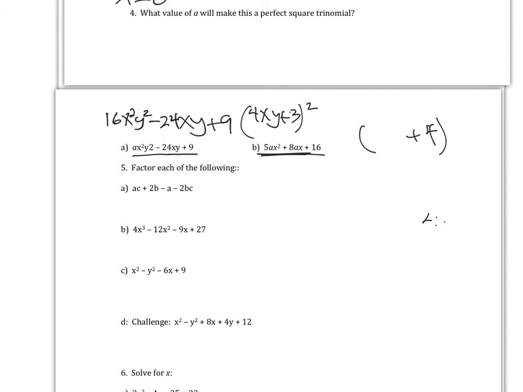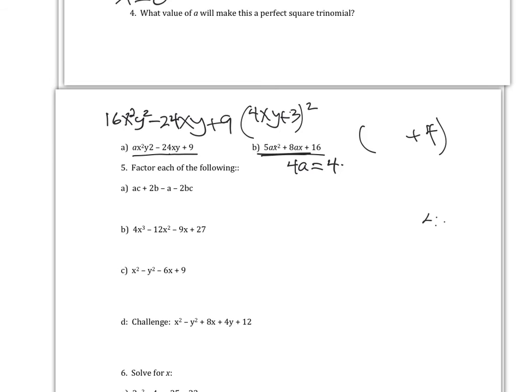We also know that 8a is equal to double the product of the square root of 16 and the square root of this term here. So we take half of 8a, which is 4a, and that's going to be equal to 4 times whatever the square root of this thing is here, which means that when we divide both sides, a is going to have to be equal to 5.